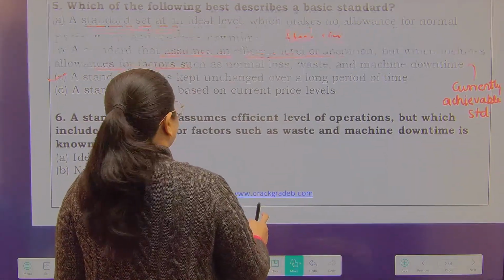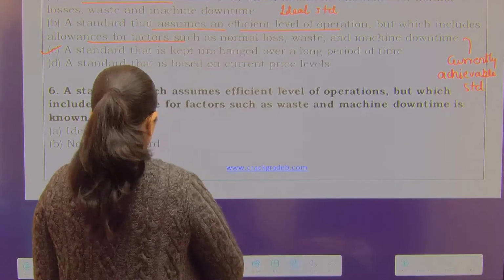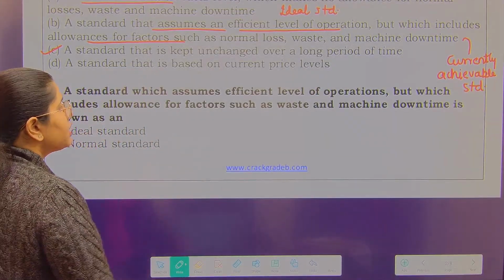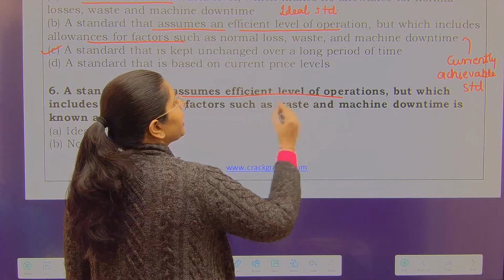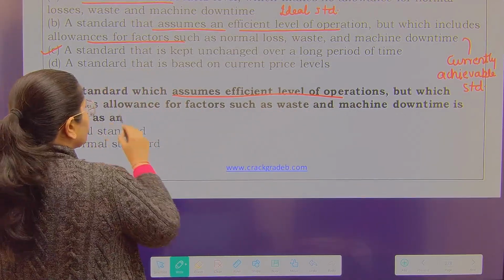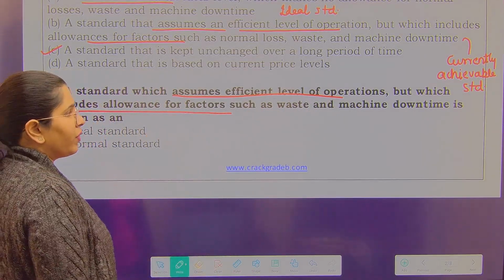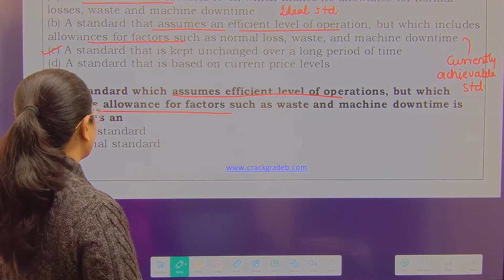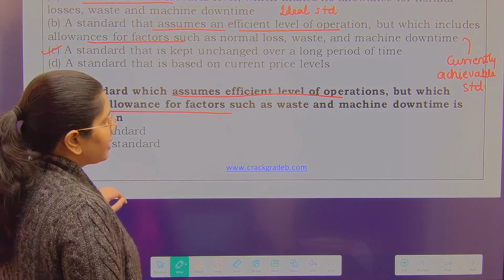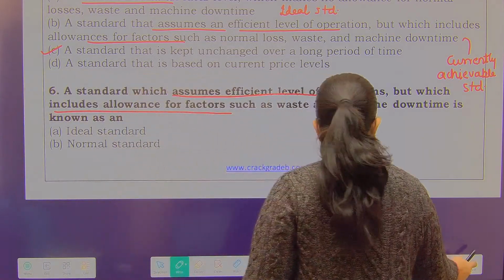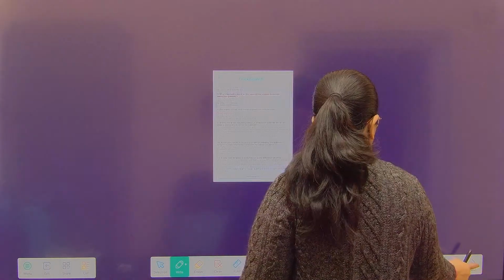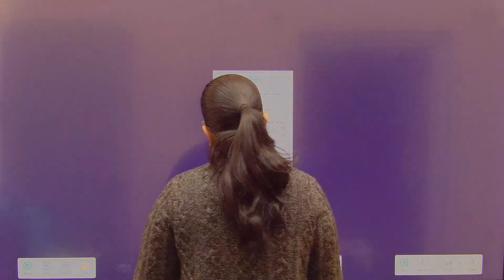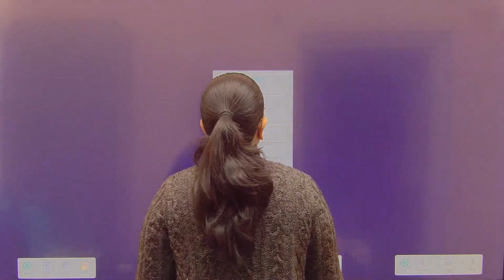Next, see, a standard which assumes efficient level of operations but which includes allowance for factors like waste and machine downtime is known as the ideal standard, normal standard, attainable standard, neither A nor B nor C. Tell me what it should be.